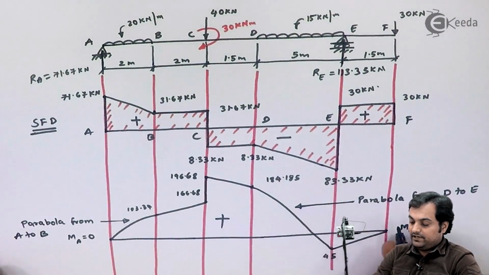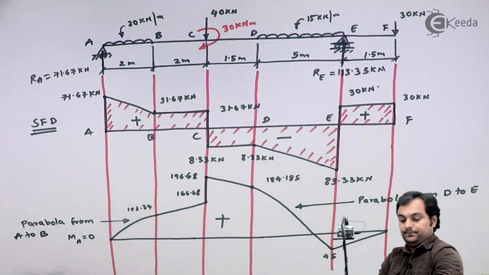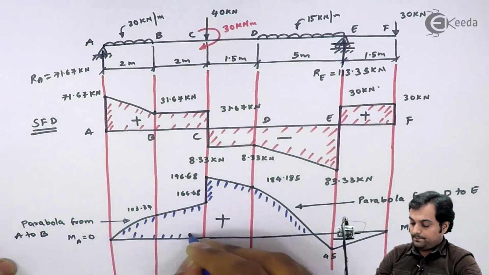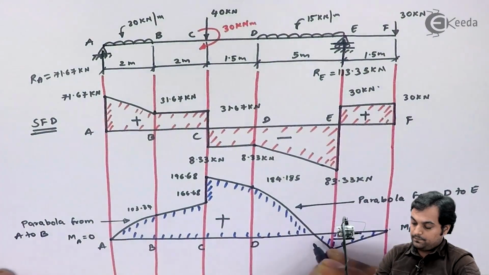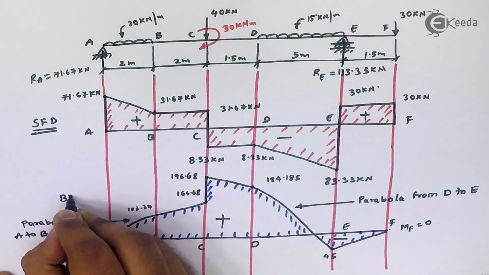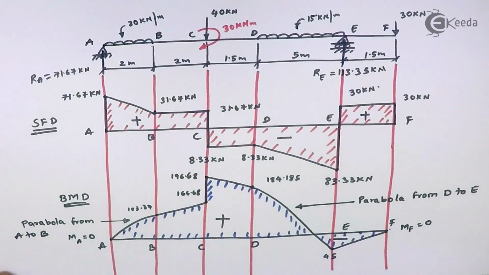Here positive and negative bending moment. So we have completed the bending moment diagram. As mentioned in the question, they were telling us to draw the shear force and bending moment diagram, and with this we have completed the problem.